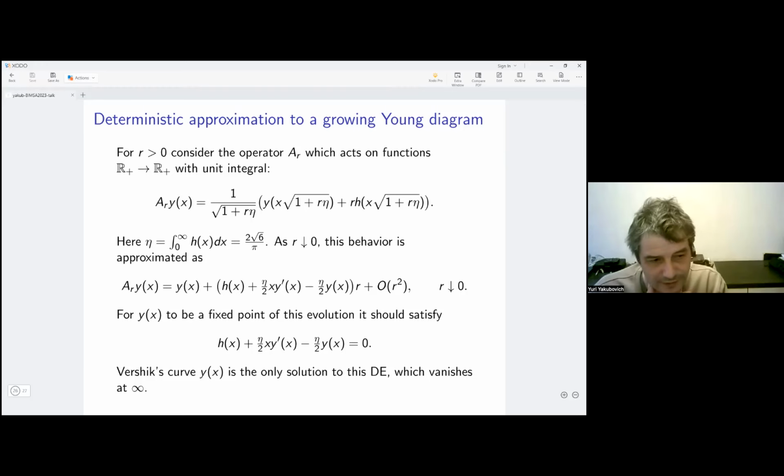In this growth procedure, everything which happens with parts of different sizes is independent.